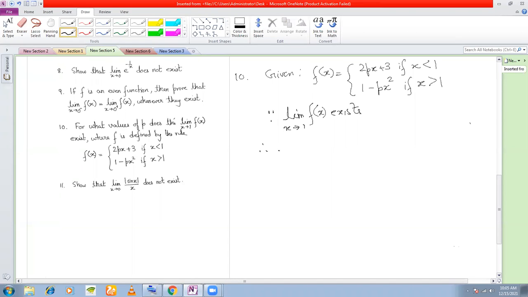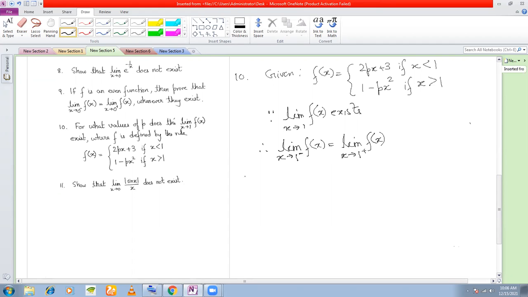Therefore, what can we write? The left hand limit of f of x is equal to the right hand limit of f of x as x tends to 1. Both must be equal.